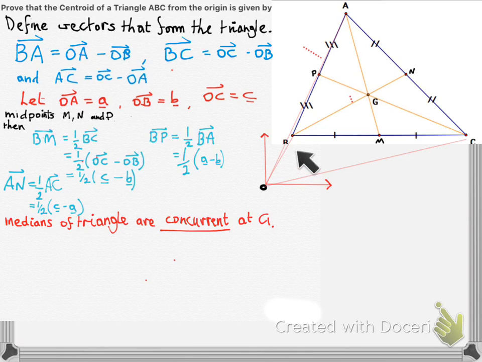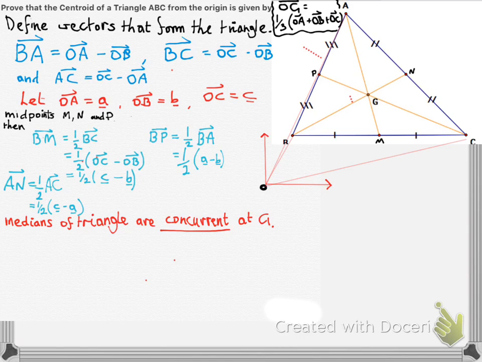So this here is a median, this is the median from vertice C to midpoint P, and so on. All these medians are concurrent, which means that they all intersect at point G, and they're all divided up in the same way.